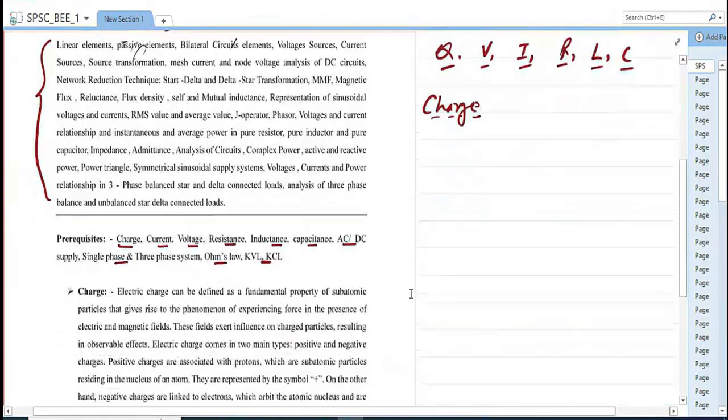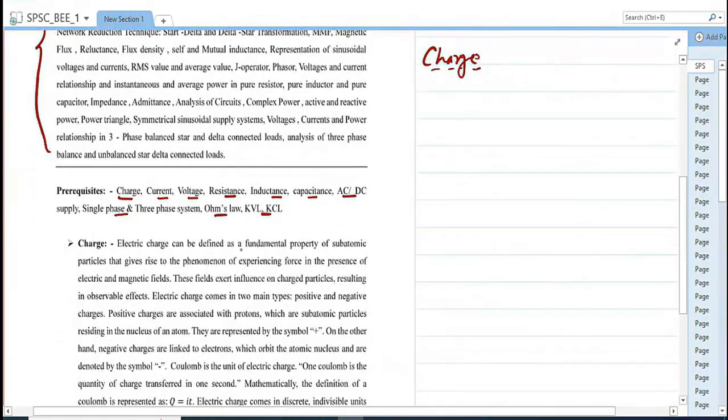Charge is the fundamental property of a subatomic particle. Any atom contains a nucleus and some orbits. Positive charges lie in the nucleus, which are known as protons, and negatively charged particles are circulating in the orbit.